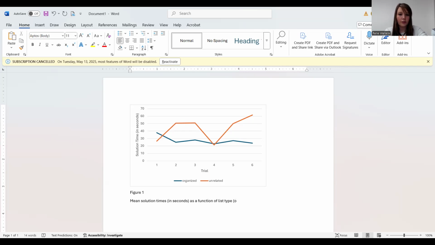We have organized versus unrelated, and trial. And then the trials were 1 through 6, close parentheses, period. That would be a beautiful caption. So, I mean, I guess spell unrelated, right?